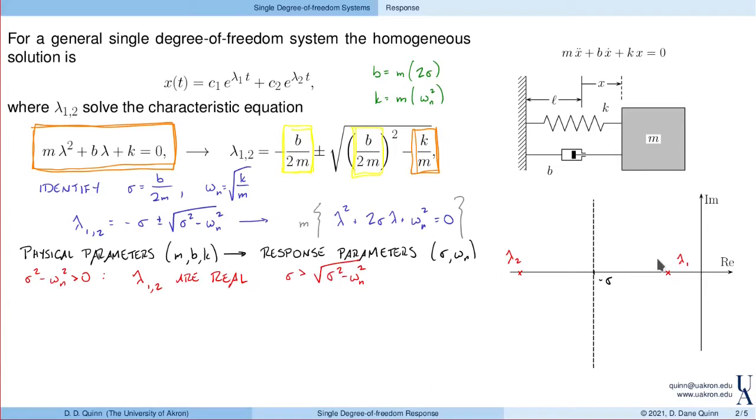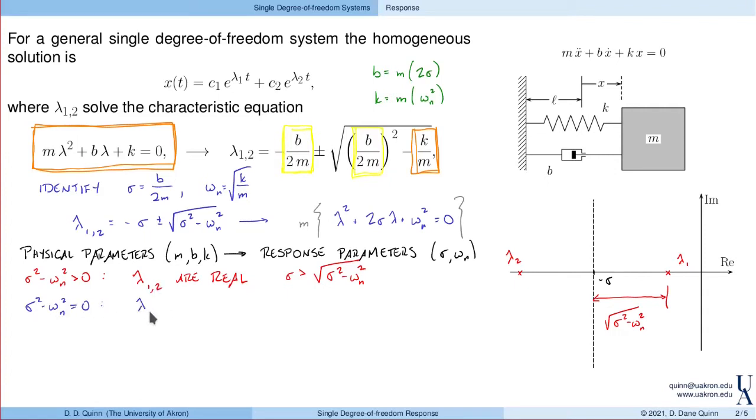So the distance of these two values of lambda from this point at minus sigma, the center, is this distance, which is the square root of sigma squared minus omega n squared. Right? So again, if the eigenvalues are real, they're centered at minus sigma and then equally distributed on either side.